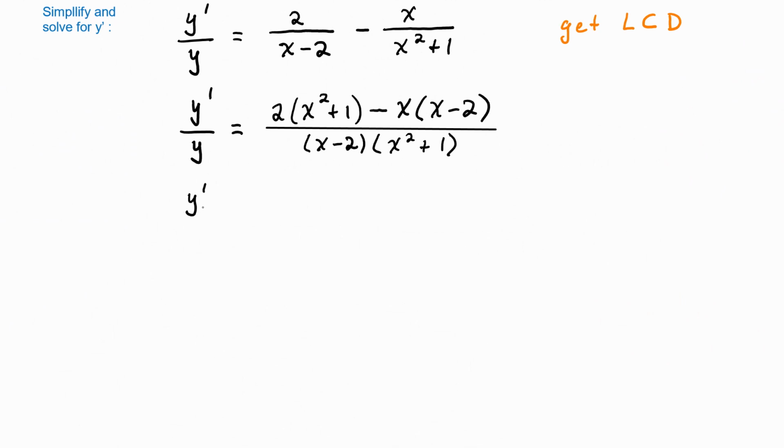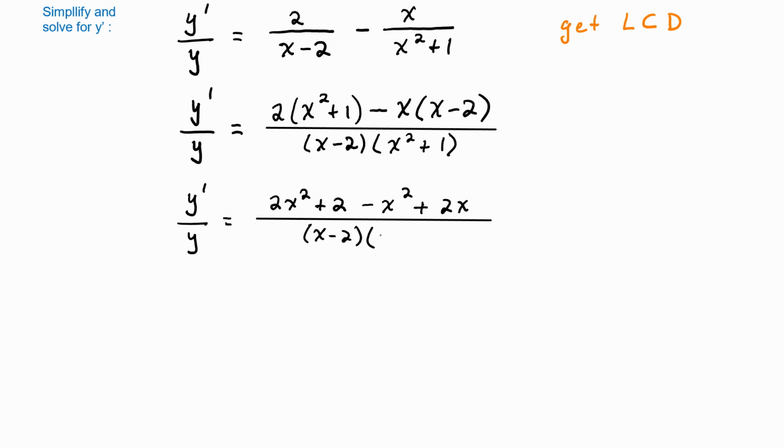So now we have y prime over y is equal to, let's distribute. For this first term, we will have 2x squared plus 2. And for this second term, we will get minus x squared plus 2x. Our denominator stays the same. Quantity x minus 2 times quantity x squared plus 1.